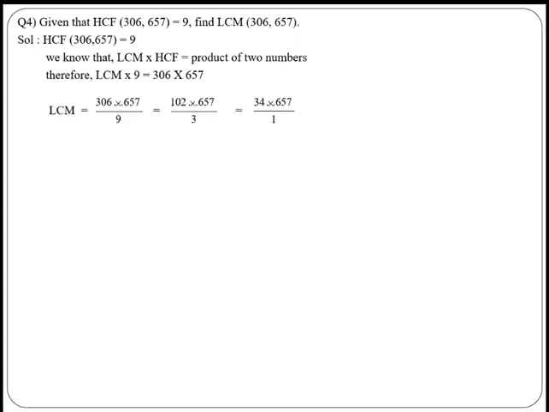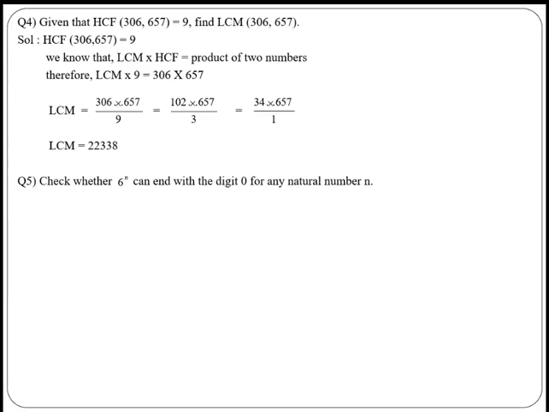When we transfer 9 to the right hand side, it goes in division. So LCM will be equal to 306 multiplied by 657 divided by 9. And when we simplify this equation, we will get LCM as 22,338. So this is your answer.